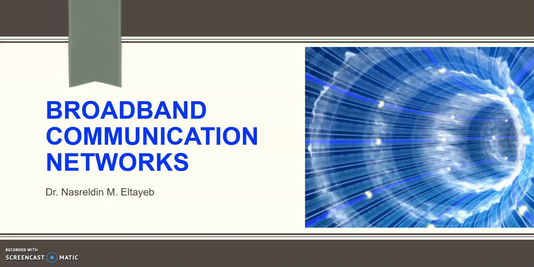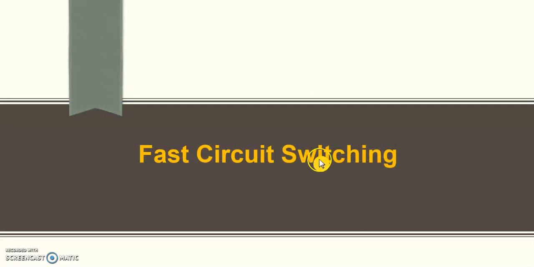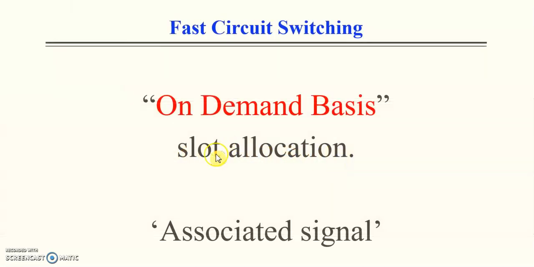So therefore, it was suggested in fast circuit switching that we may do slot allocation on demand basis. The idea being that by using some kind of associated signaling, you can allocate the slots on demand basis.